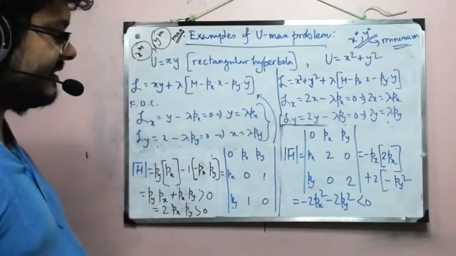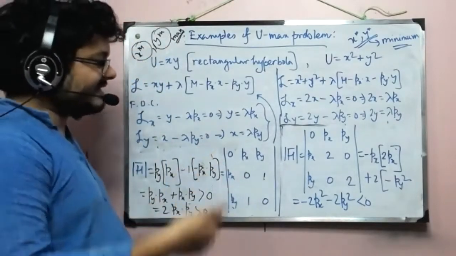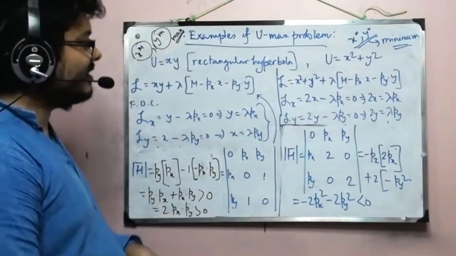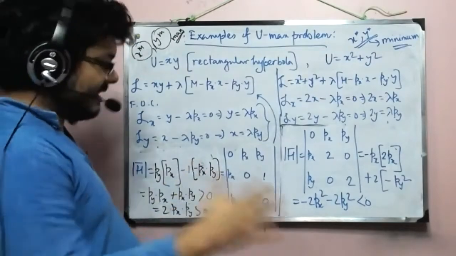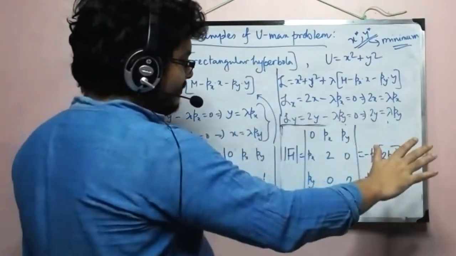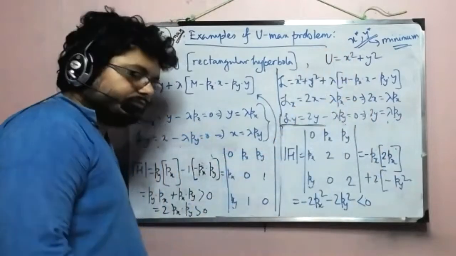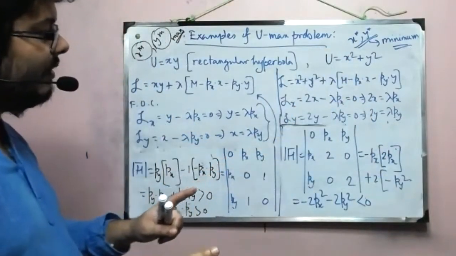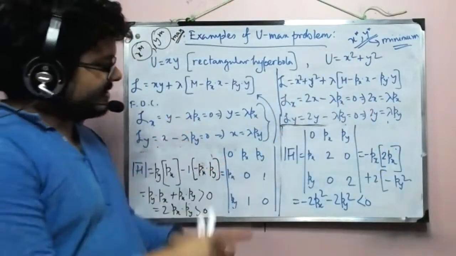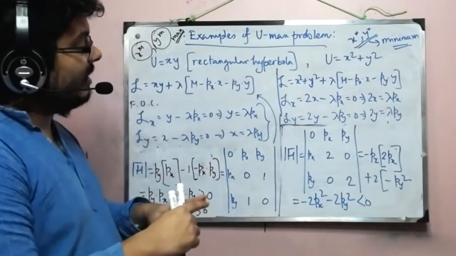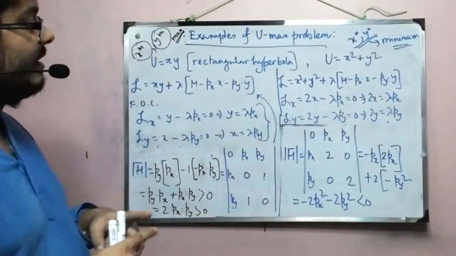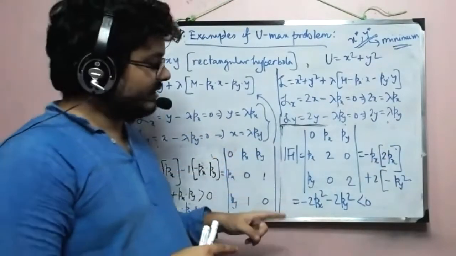Okay, so that is the first thing that we want to know. Second, which is more important also, is that it's fine that Lagrangian method doesn't work here. Now, how to maximize utility here? Okay, so there are two questions.